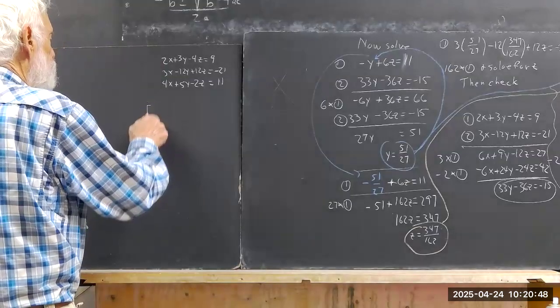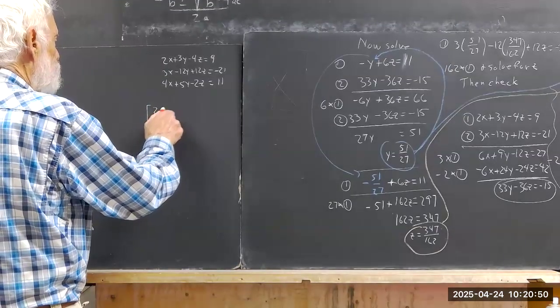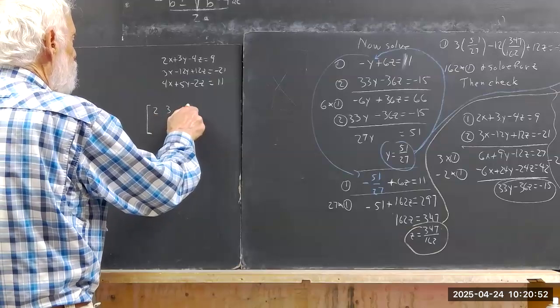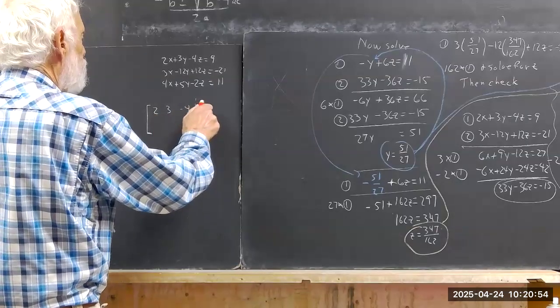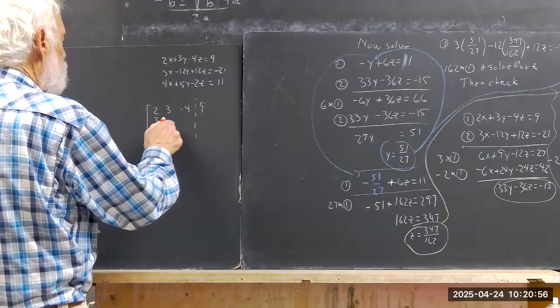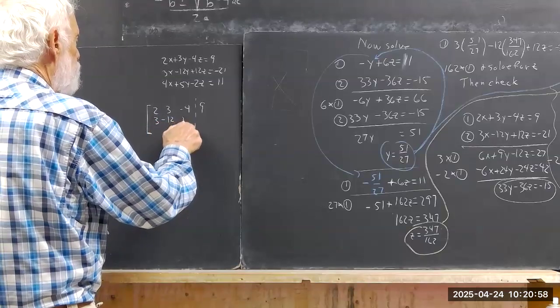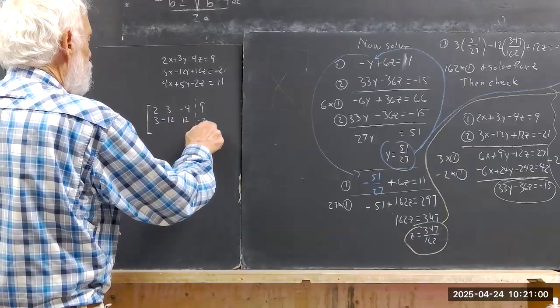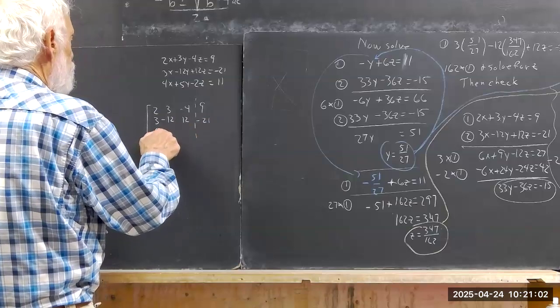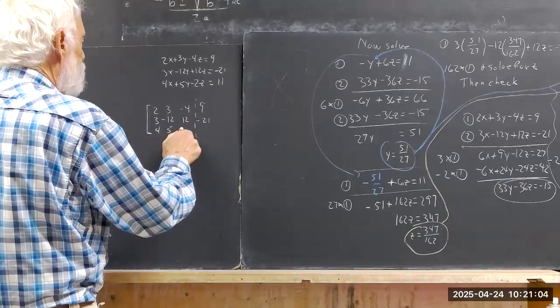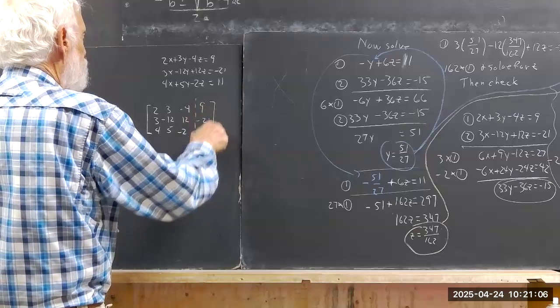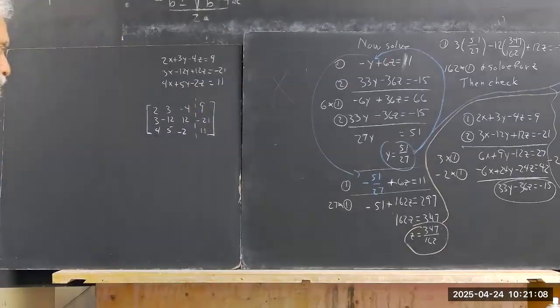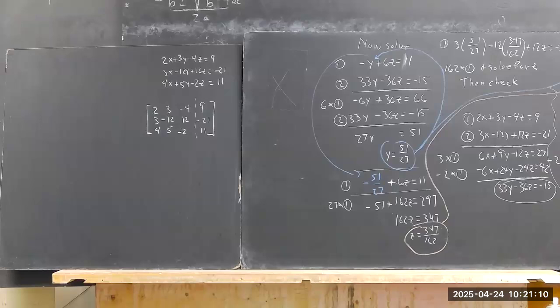Well, I can write this as an augmented matrix: 2, 3, -4, 9; 3, -12, 12, -21; 4, 5, -2, 11.